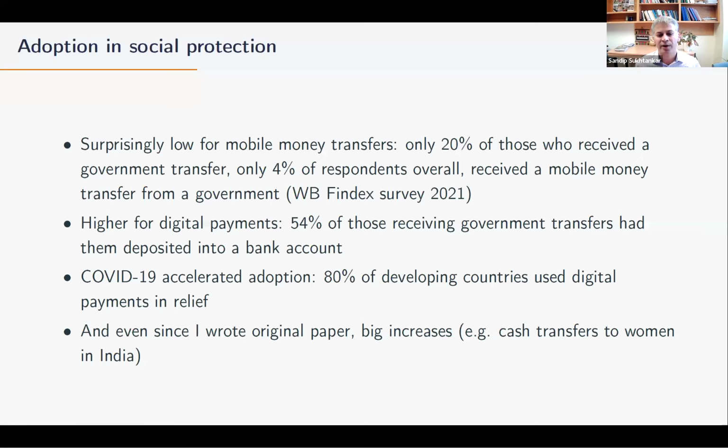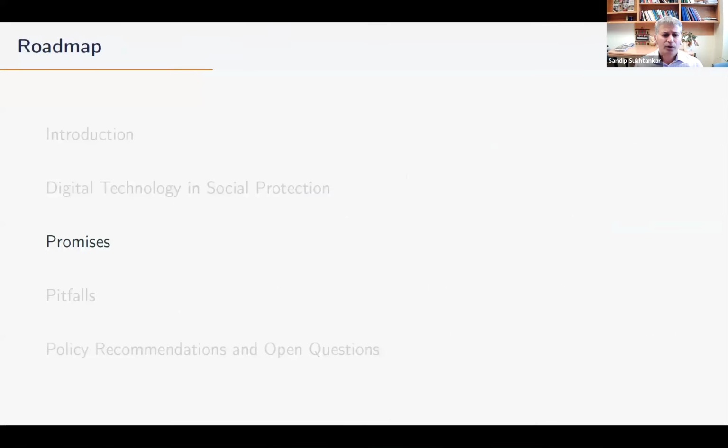Those have gone up dramatically, especially since COVID, and even more so in the last couple of years. So now that we know this has been widespread and is being adopted, especially in terms of digital payments, in what ways could digital technology help?